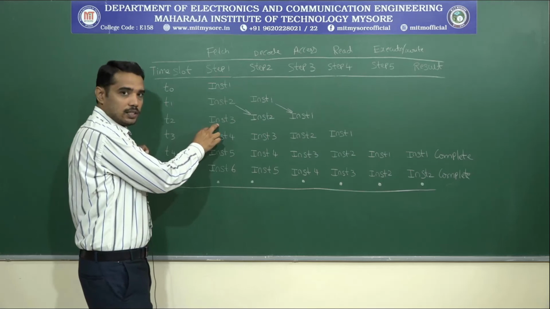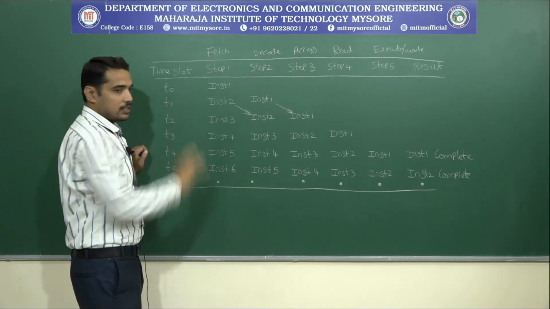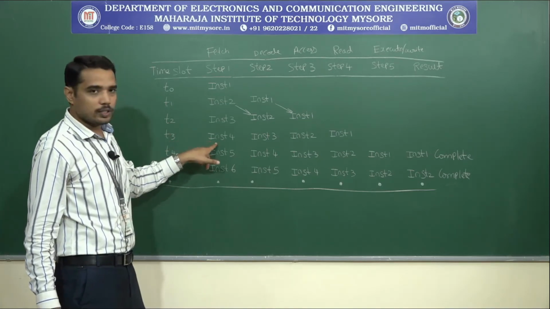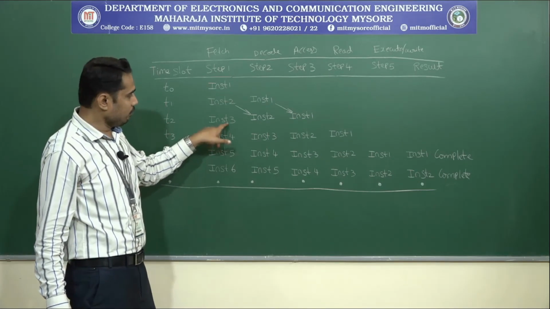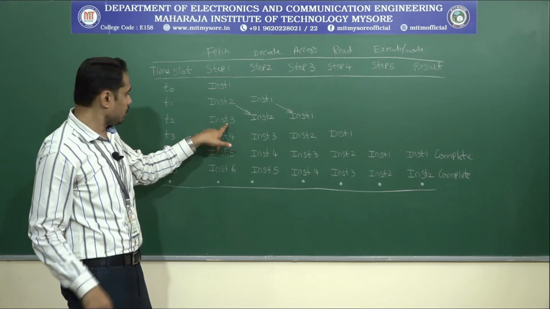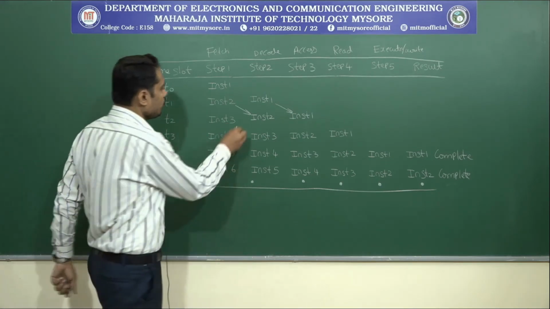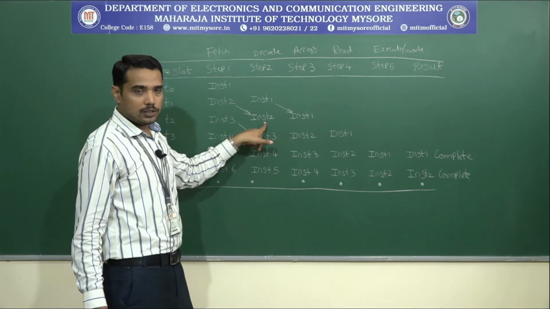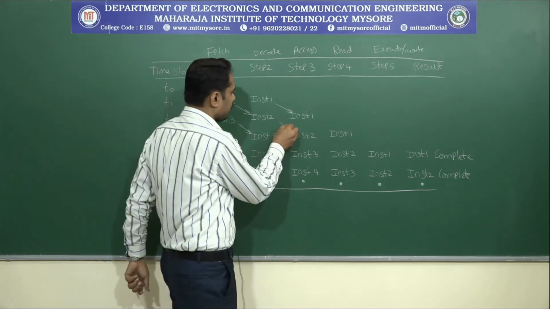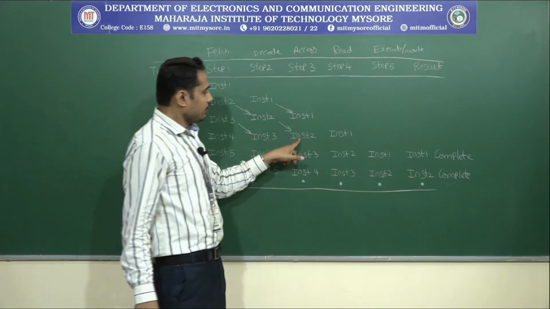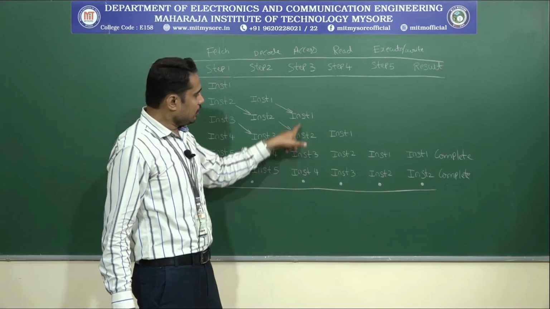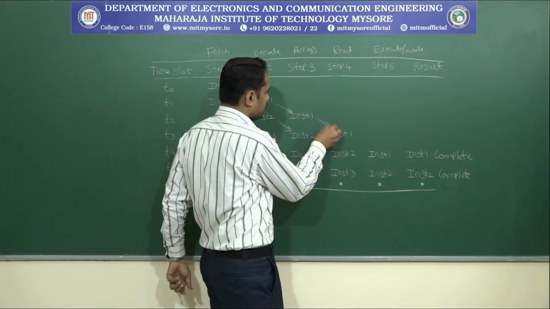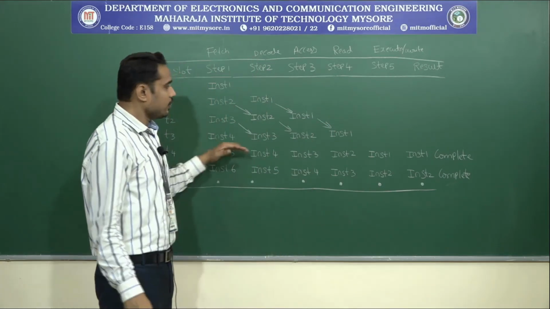Now instruction 3 is being fetched in T2, and in T3, instruction 4 is being fetched. At the same time, instruction 3, fetched in T2, is now moved to decode, and instruction 2, which was at the decode state, is now at the access state, and instruction 1, which was in the access state, is now ready to read, and so on.